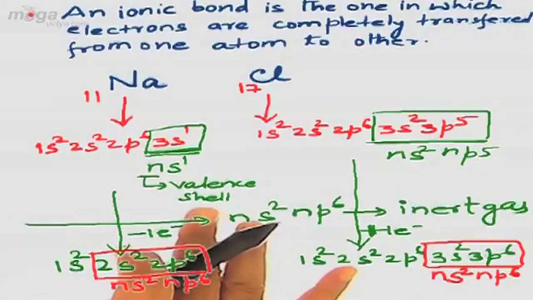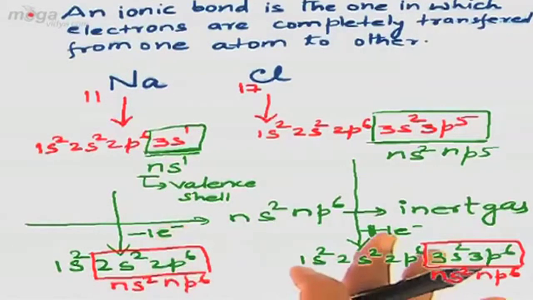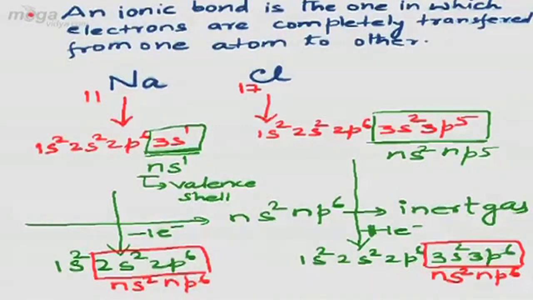So this is what happens in the case of ionic bonding. To define an ionic bond, we should remember that in ionic bonding electrons are completely transferred from one atom to the other.